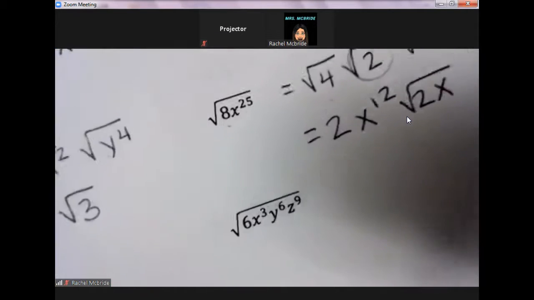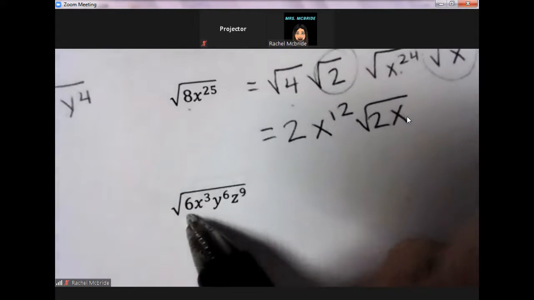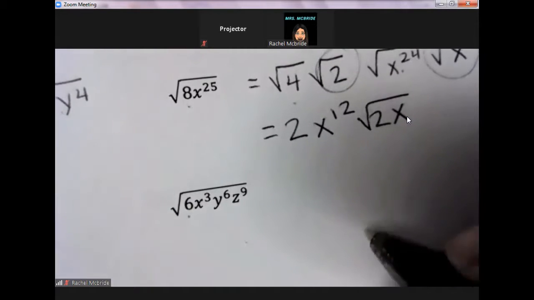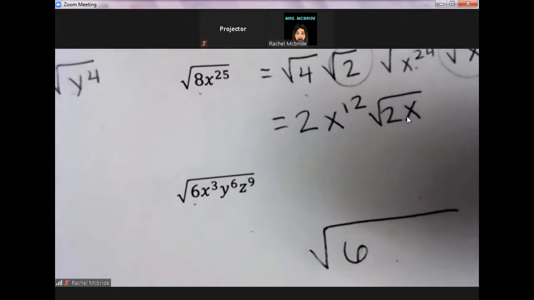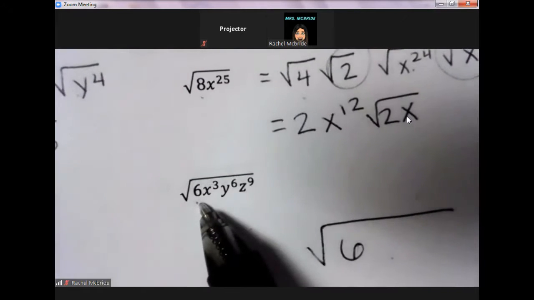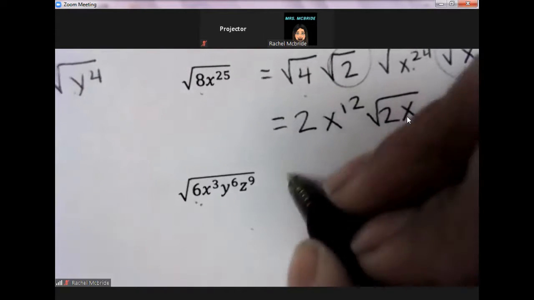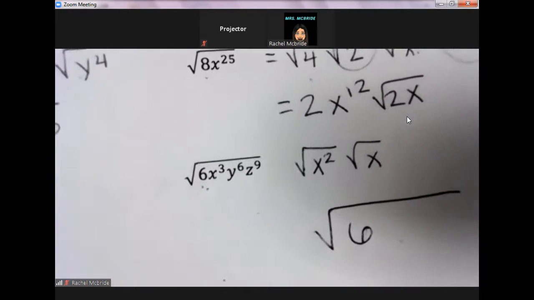Okay, and the last one. So 3 variables, still doesn't change the problem. The square root of 6, does it divide by a perfect square? No, so it's going to stay the square root of 6. x cubed, even or odd? Odd, so that means 1 comes out and 1 stays in, because x cubed is kind of like x squared times x.